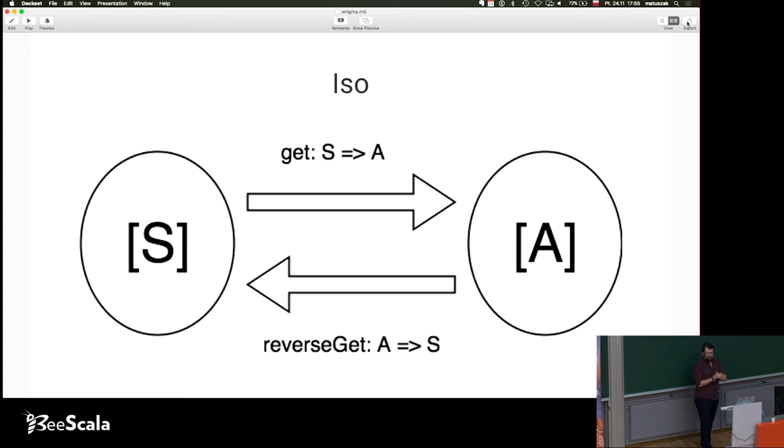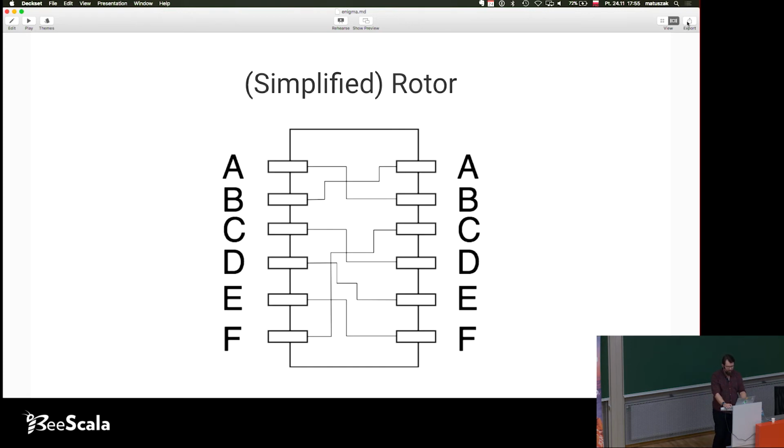These values are always defined. You can also go between different types. For example, you can make an isomorphism between a string and an array of characters in both ways.